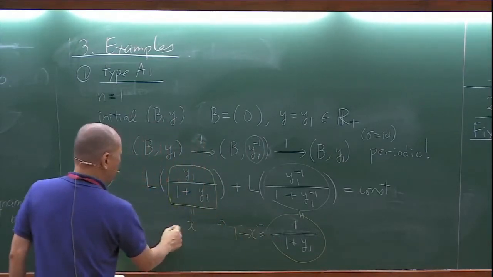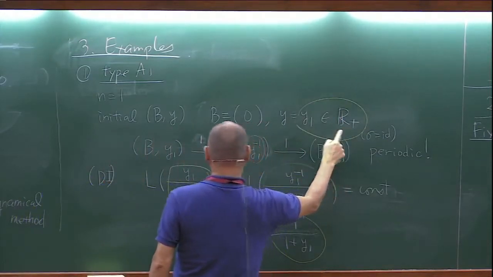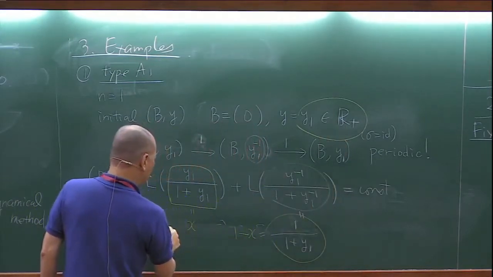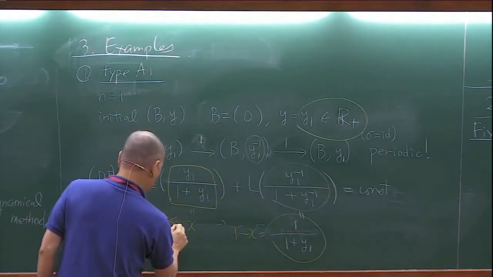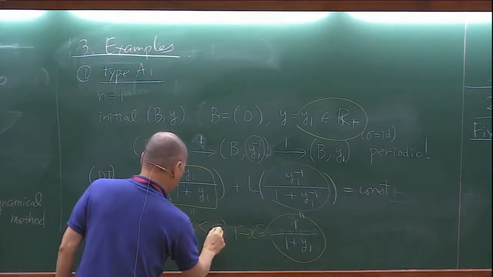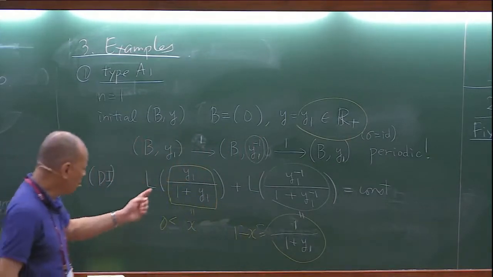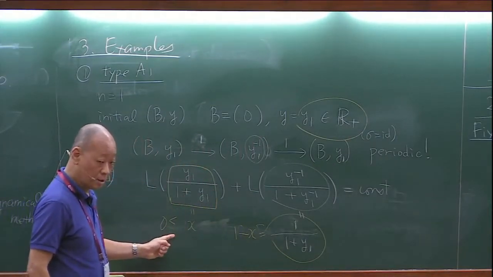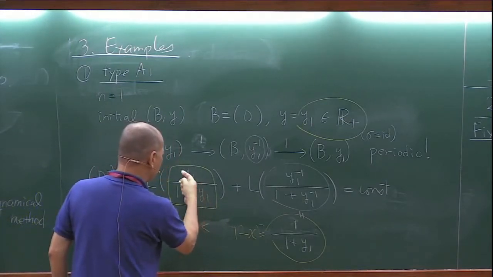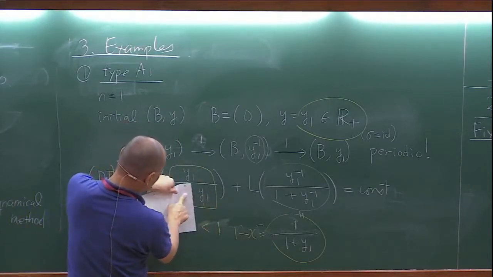And this x, if y1 takes values from 0 to infinity, takes values in 0 to 1, not including the endpoints, but any number in between is taken. If it goes to infinity, it approaches 1, because this one disappears.